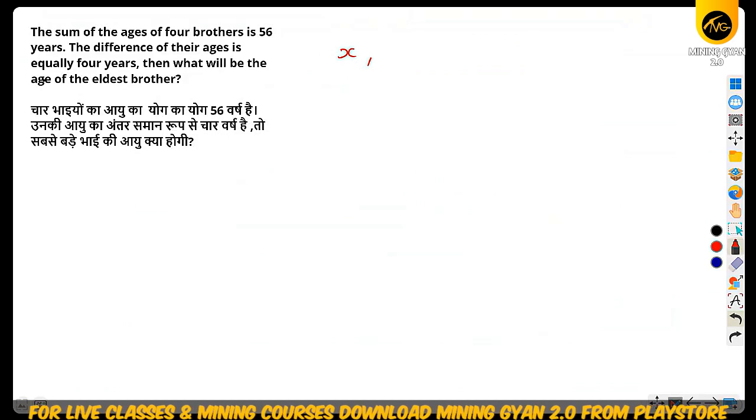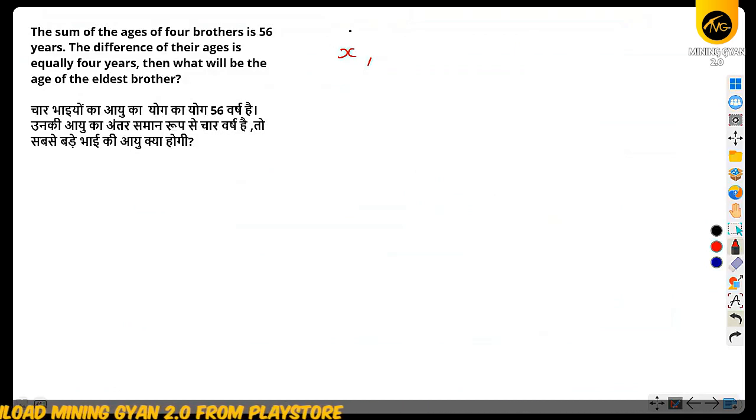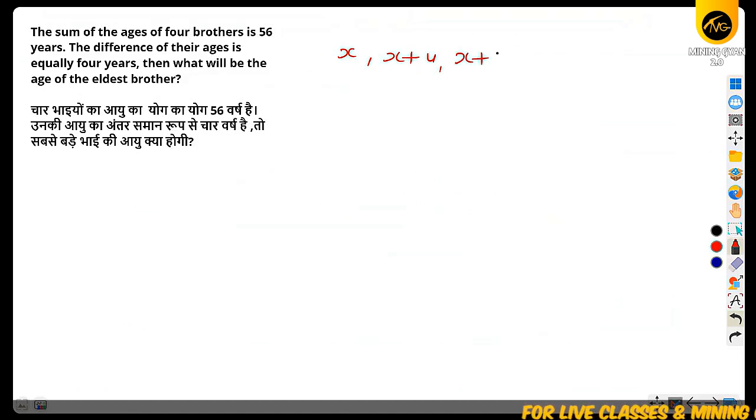Now we have the portion where it says the difference of ages is equally 4 years. That means if this is the age of the youngest brother, then what will be the next age? x plus 4. Similarly, age of the third brother is x plus 8.